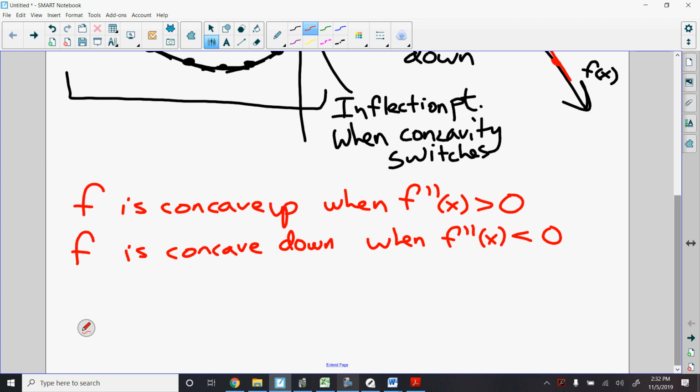Okay? And the last piece of information is f has an inflection point when f double prime switches signs.